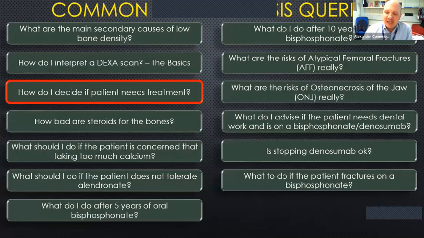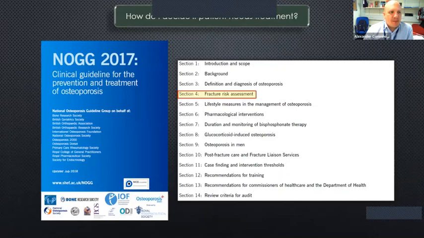So some people have suggested that the term osteoporosis should now refer to people with a high fracture risk and not to people with a T-score of -2.5 or below. The best way to decide if a patient needs treatment is using fracture risk.